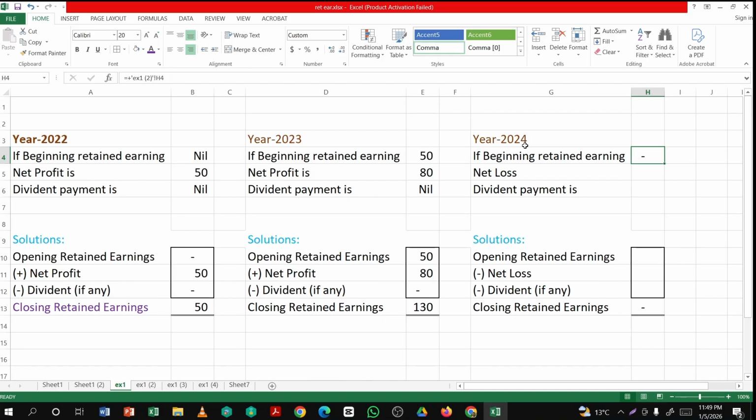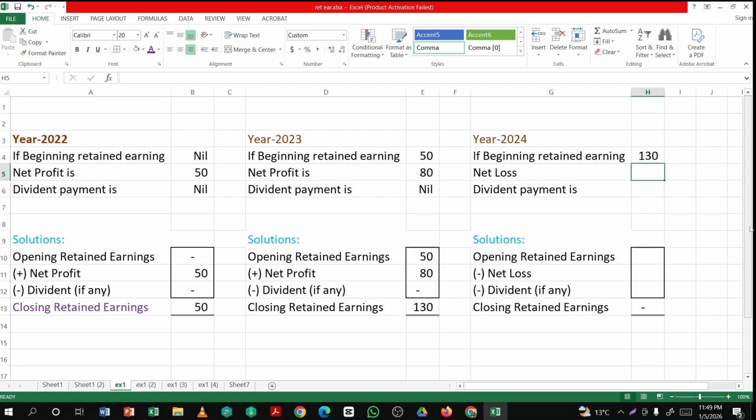Year 2024, the closing 130 is the beginning 130 of 2024.